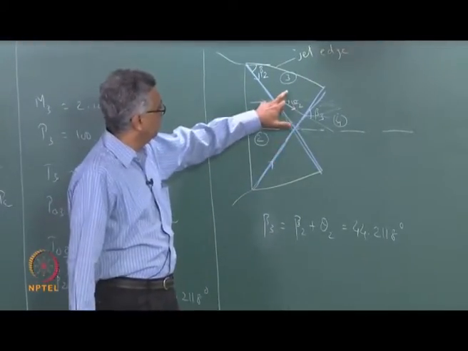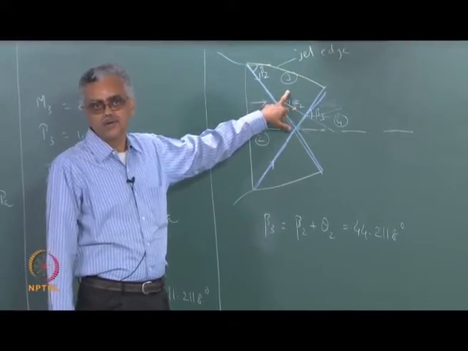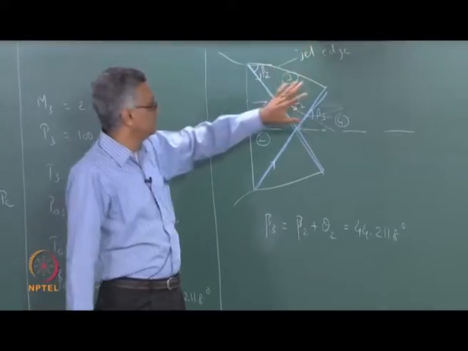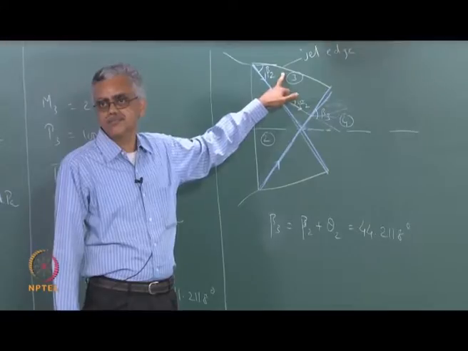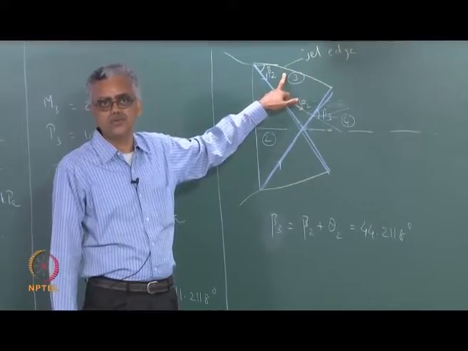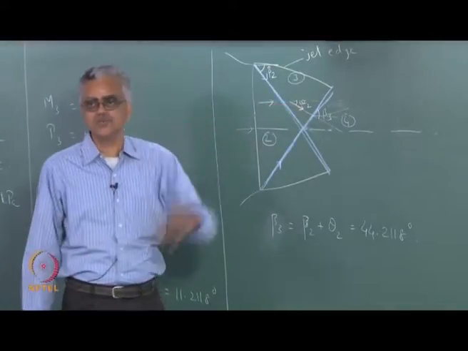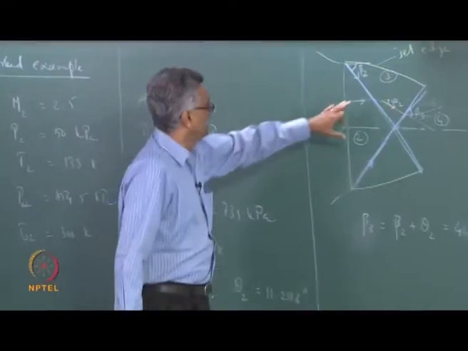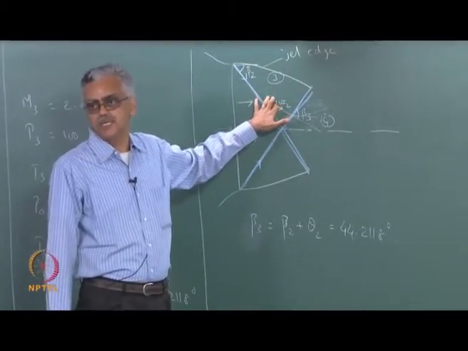Why did we say P3 was P ambient here? Because the fluid was in direct contact with the atmosphere, and the jet boundary cannot support a pressure difference. We are not talking about surface tension and so on. So you cannot have a different pressure there and a different pressure here. Pressure has to be the same across the jet boundary. It is a free jet, right. So it makes perfect physical sense to assume P3 to be P ambient.